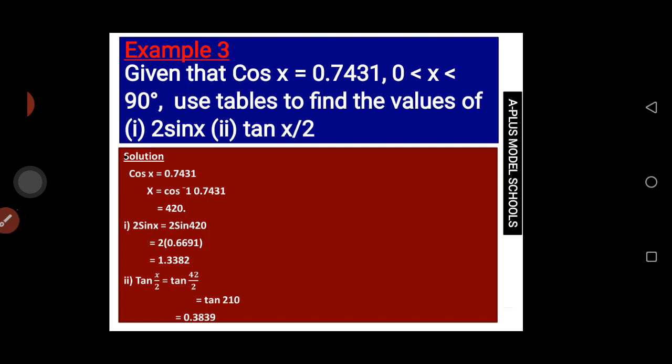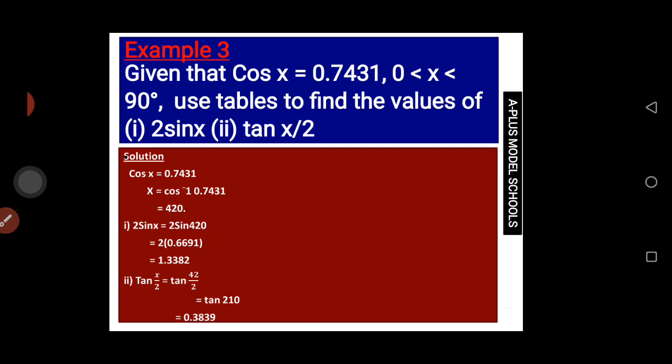So when you do it, you will notice that will give you the correct answer. Now, the second one is tan x over 2. If I want to look for tan 42 over 2, divide 42 by 2, that will give you 21 degrees.